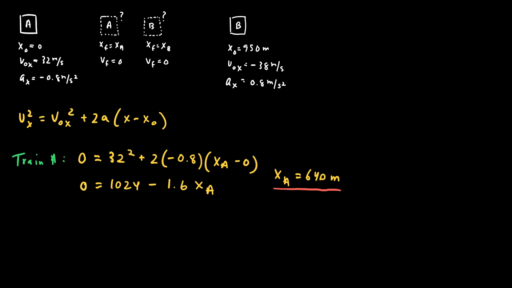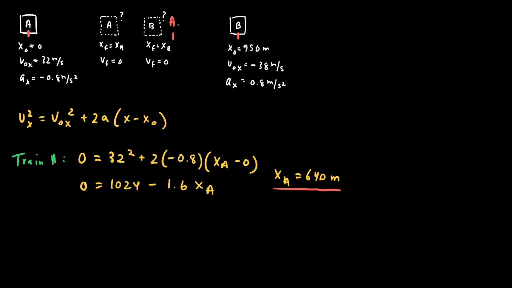So in my diagram, if I wanted to take this crude diagram and now start to make it some sort of two-scale thing that's representing what's actually happening, then the 0 marker on my x-axis was here on the left, and the 950 meter position is where train B started, and so 640 should be somewhere about 2/3 of the way toward train B. So maybe train A ends up being somewhere like right here, actually.